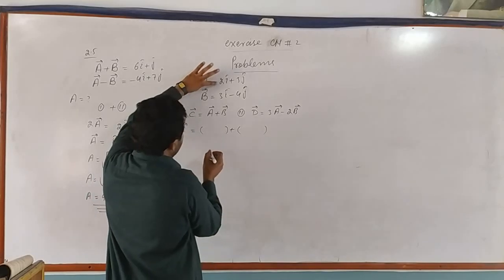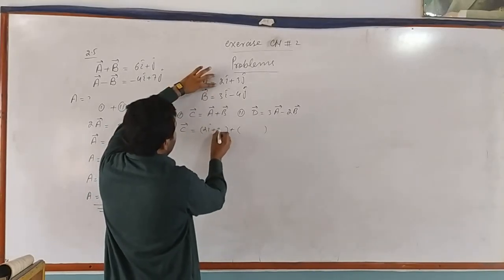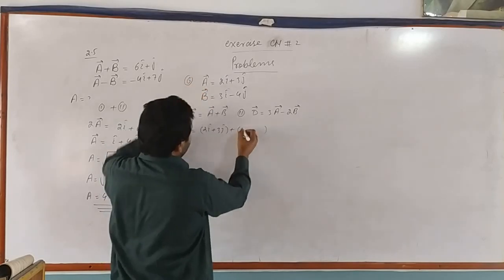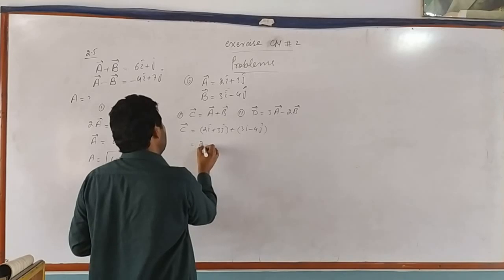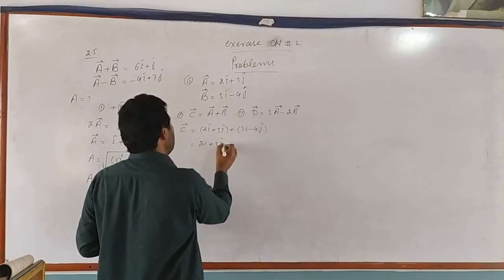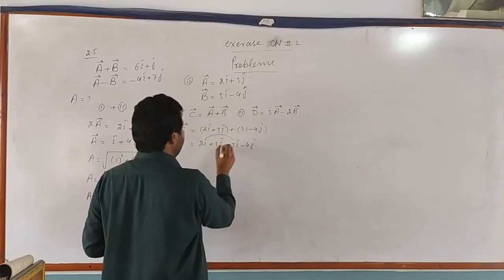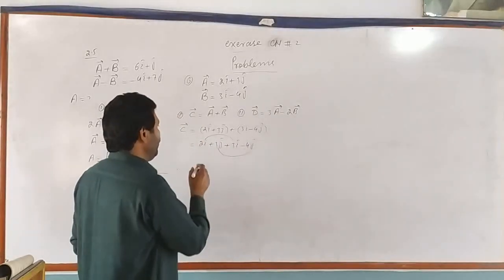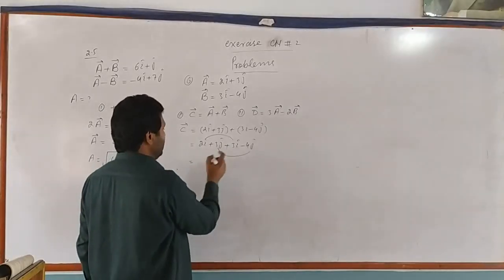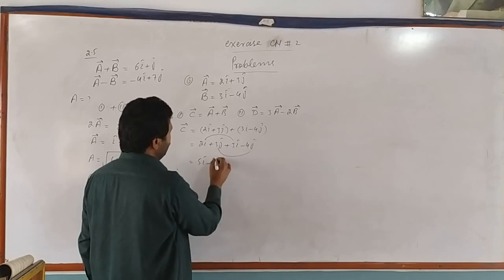Putting the values of vector A and vector B: A is equal to 2i plus 3j unit vector, and B is equal to 3i unit vector minus 4j. Solving the i components with i and the j components with j, the resultant will be 2 plus 3, that is 5i unit vector minus j unit vector.